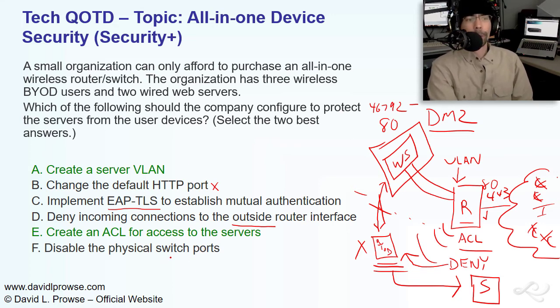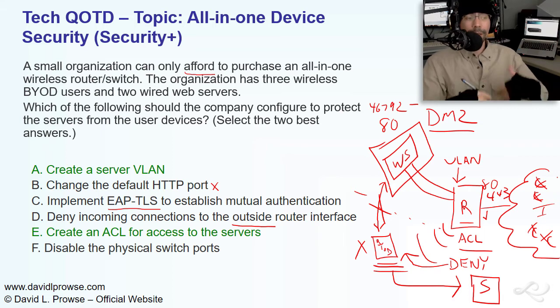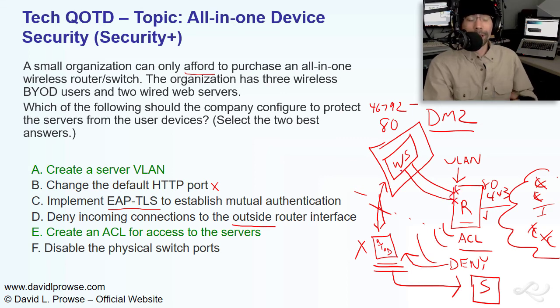And then, disable the physical switch ports. Well, first of all, we only have one device. We don't have another switch because the company could not afford to buy a separate switch. But if we have one of these all-in-one wireless router switches, that might not even have the ability to disable physical switch ports. And then, if it did, what are you going to disable? The web server ports? Well, if you do that, then they're not going to be able to access the network, and no one's going to be able to access them.